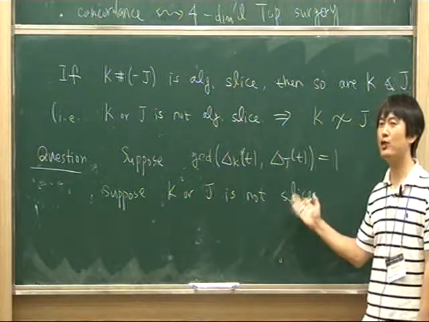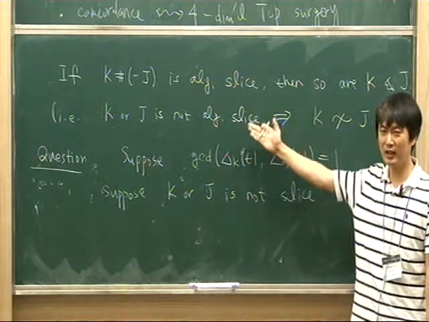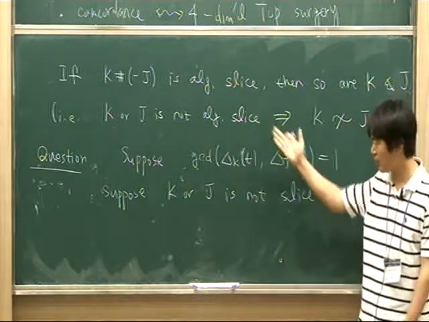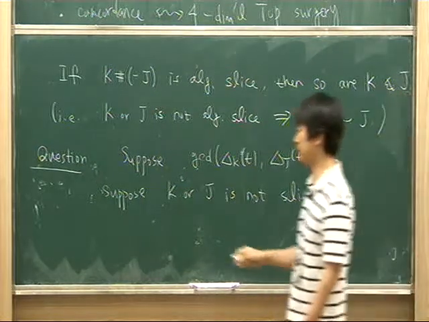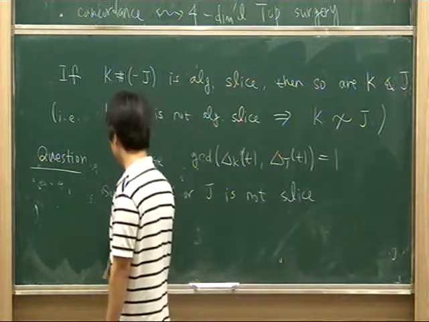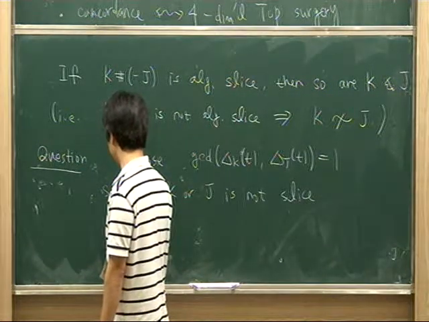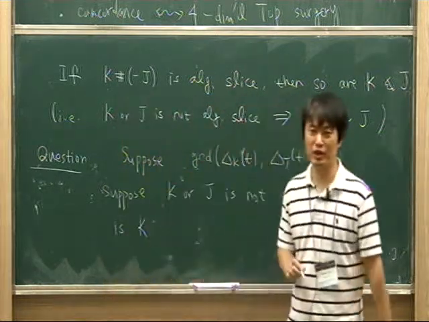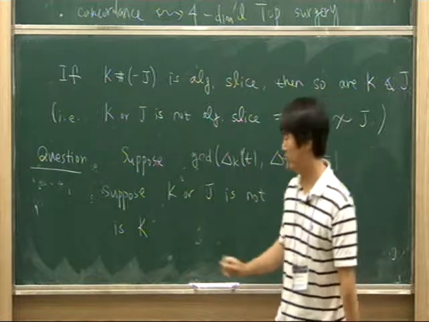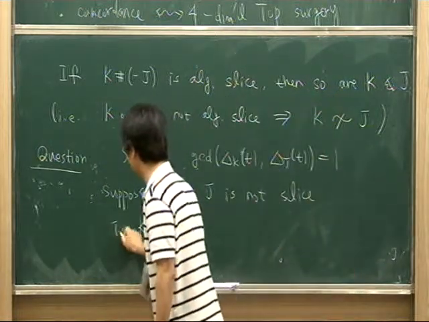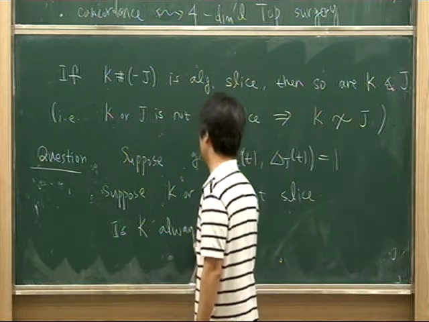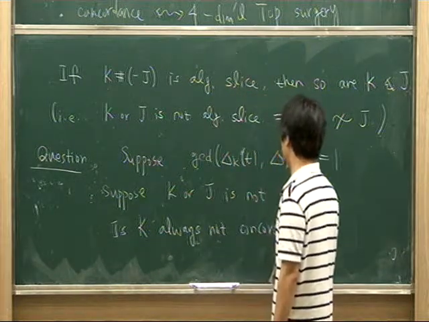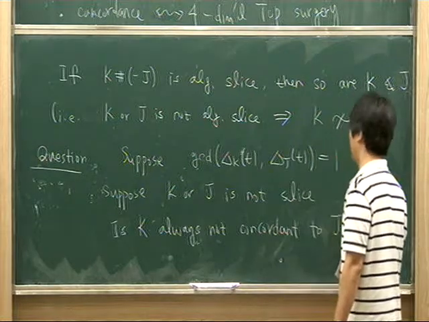So this is a much weaker condition than being not algebraically slice. So we are weakening the assumption, and I'm asking if K and J are not concordant to each other. So is K always not concordant to J?